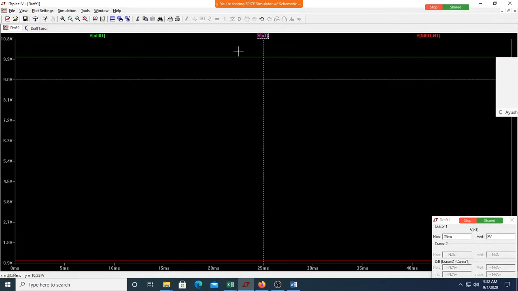The first two, V of N001 and V of N1, are single-ended voltages, and this is a differential voltage. Now if I click on this, can you see the voltage is 1 volt? Correct. So if you want to measure voltage across any particular element, you need to use two probes.